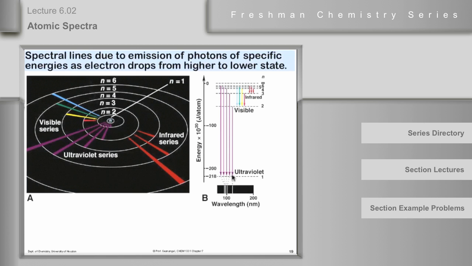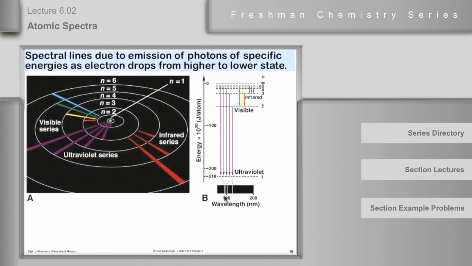And if we go to transitions down to the ground state, n equal to 1, the energy of those transitions, 2 to 1, 3 to 1, 4 to 1, is all out in the ultraviolet. So we can't see that. That has to be measured by a spectroscopist. But when we do it, it produces exactly the observed line spectrum of hydrogen in the ultraviolet part of the spectrum, around 100 nanometers.